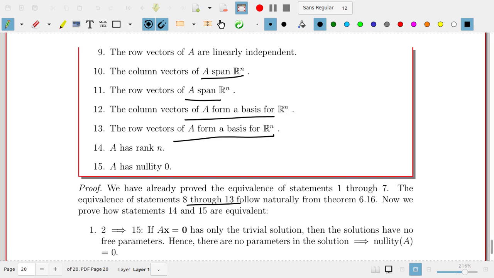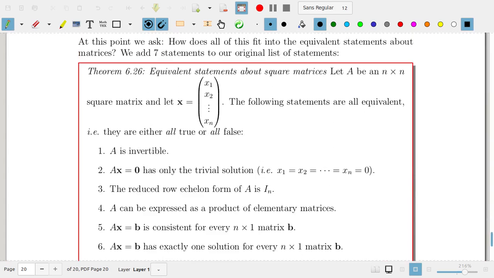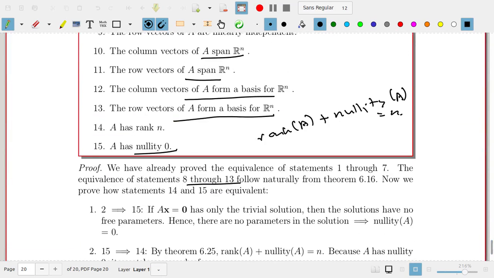And since we know that rank of A plus nullity of A equals n, and if nullity is 0, then rank of A has to be equal to n. So that proves our 15 equivalent statements for square matrices.